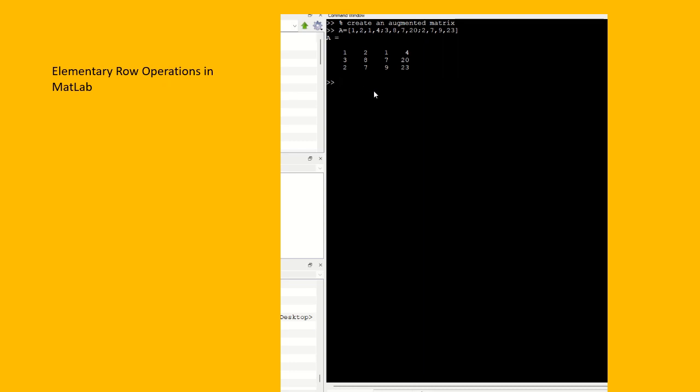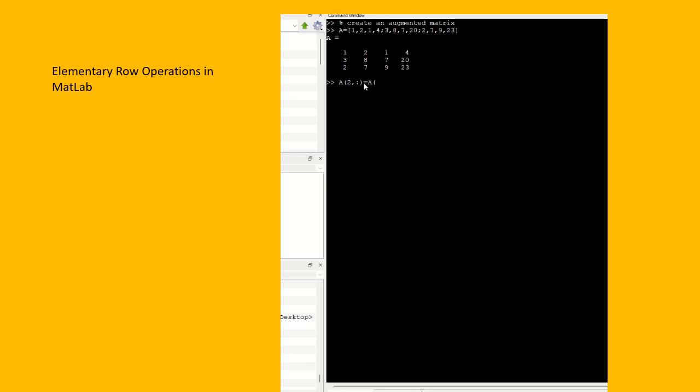A, and then sub 2 comma colon. That colon is kind of a wild character that represents all the possible values. So this is a notation for the row a sub 2 1, a sub 2 2, a sub 2 3, a sub 2 4.